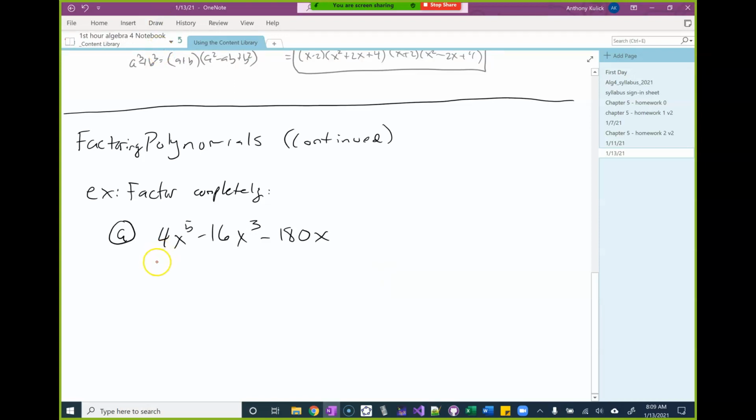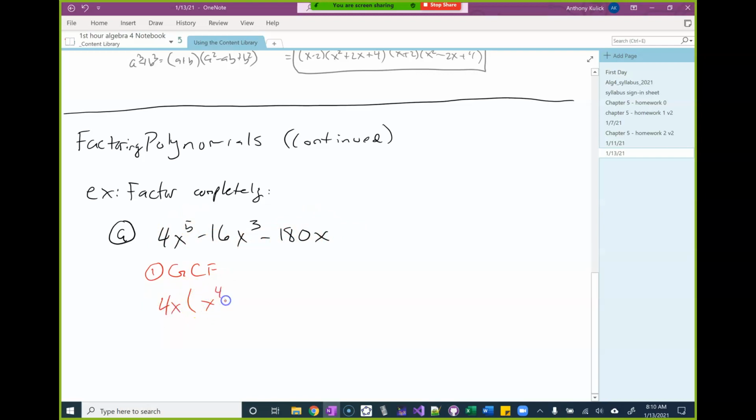So the first thing that I'm going to look for is a greatest common factor. So take a moment, look at this problem. Do we see a greatest common factor here? Yes. 4x is correct. So you should see that 4 divides 16, 4 divides 4, and 4 divides 180. And obviously each of them have an x in it.